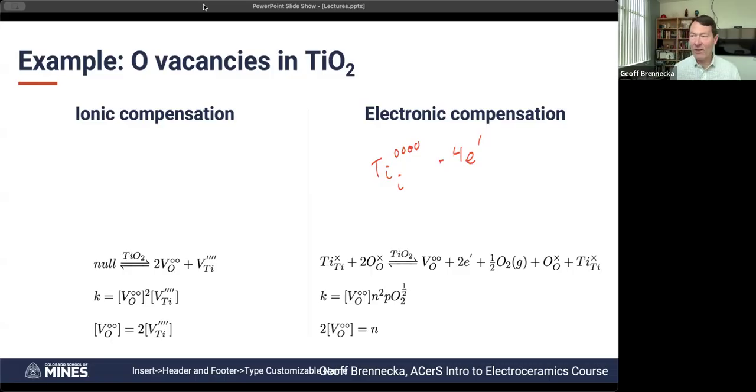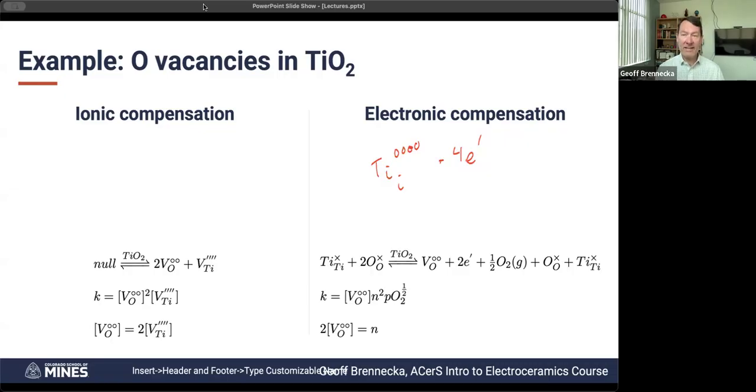So a quick thought experiment, or question for you. How do you tell the difference between those two? If you pull oxygen out and it turns conductive and it turned dark, and we'll talk about optical properties a bit more later, how do you know if it was oxygen vacancies or if it was titanium interstitials? That's a really hard thing to measure, but the density will change.